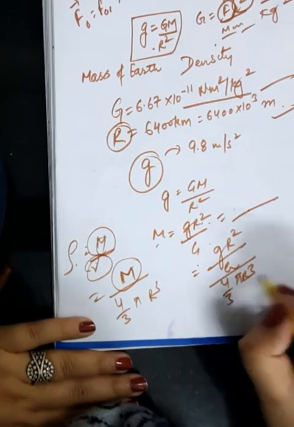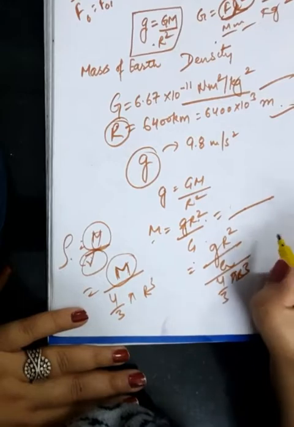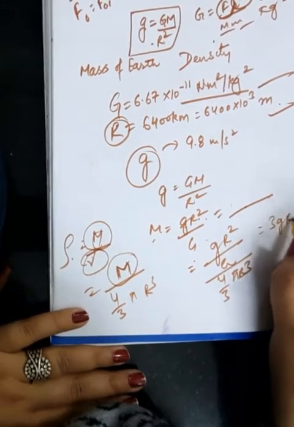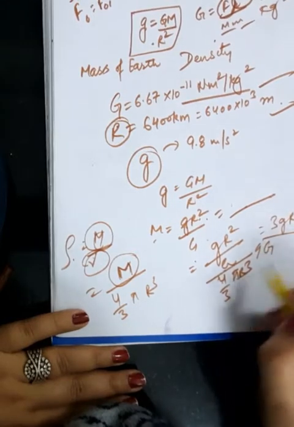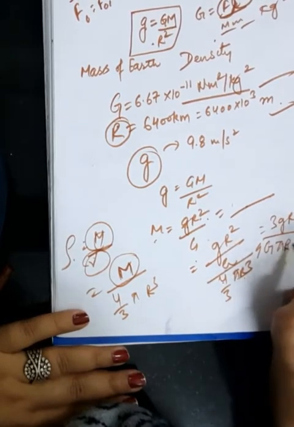So now what is going to happen? This will be 3g r square upon capital G 4 pi r cube.